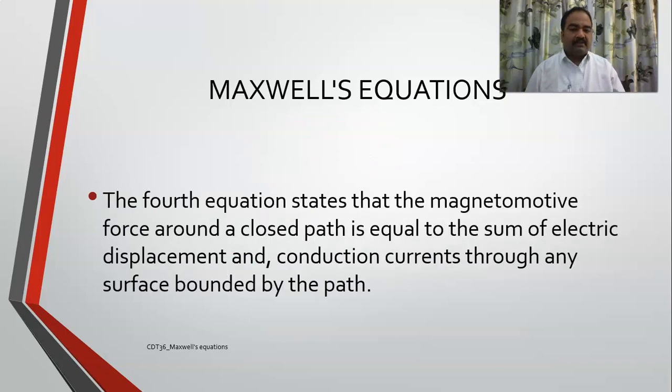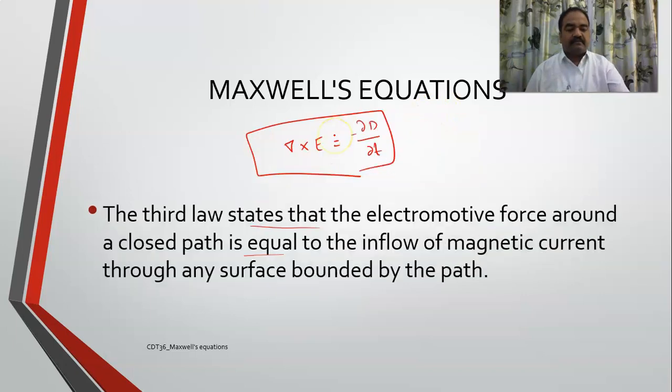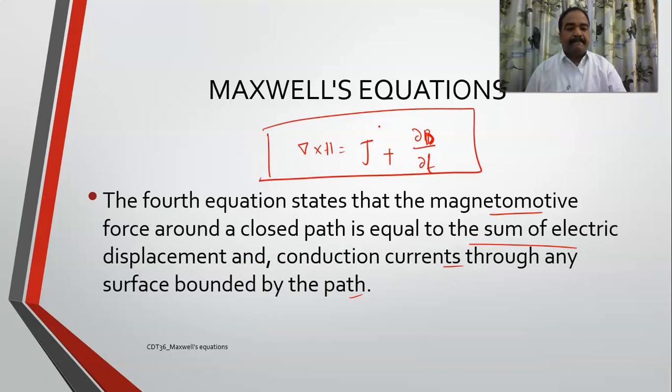And the last equation, which is the modified Ampere circuit law, del cross H is equal to J plus, and if at all there is another term, it is dou D by dou t. Right, these are the Maxwell's equations.